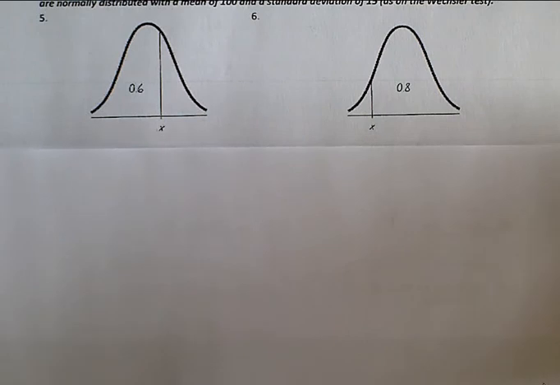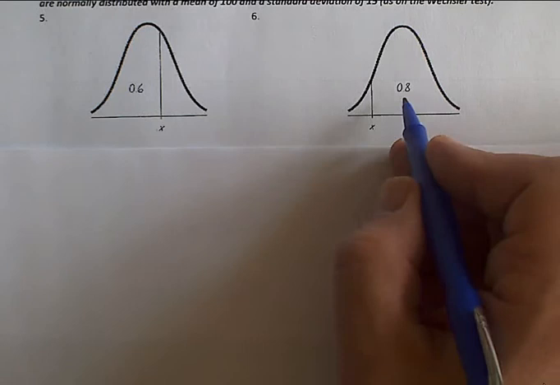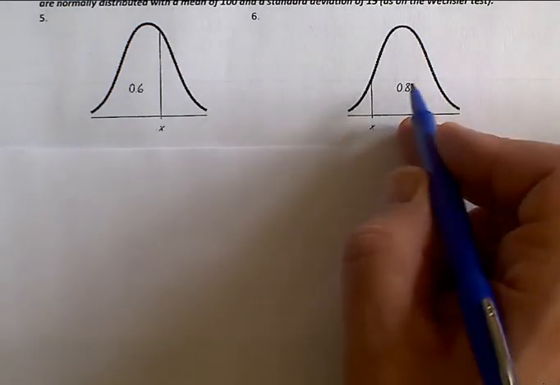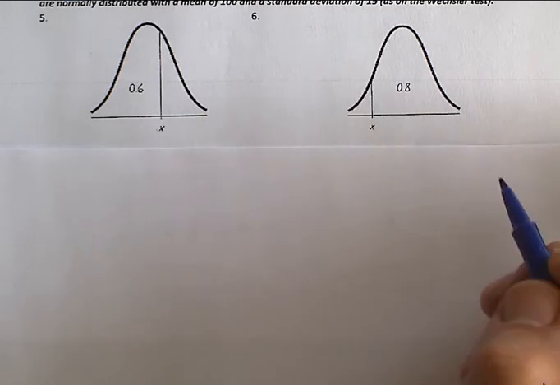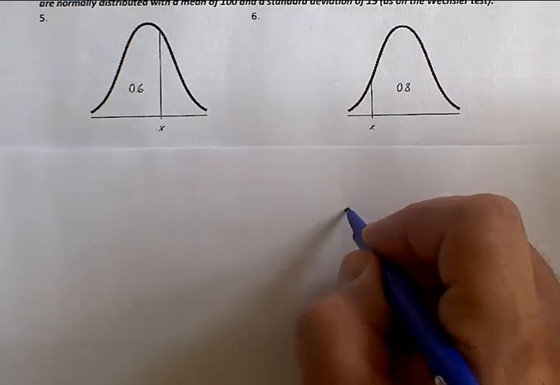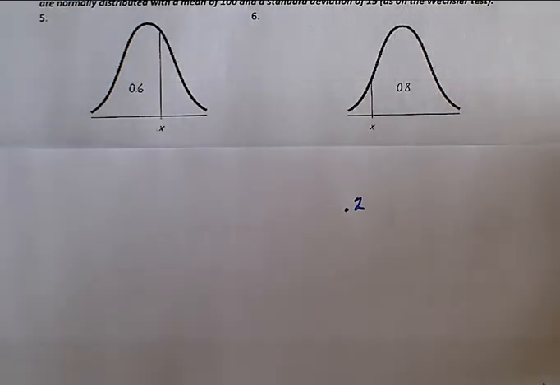So if I know that 0.8 is the probability under the curve here, I can go ahead and subtract that right off the bat. Then I know that 0.2 is my value to the left of the line.